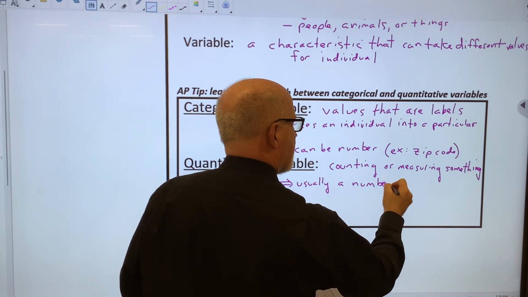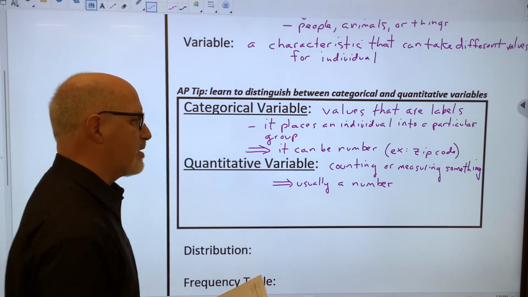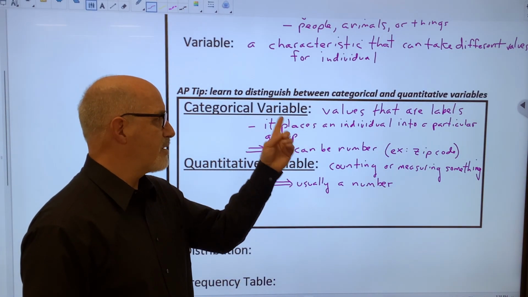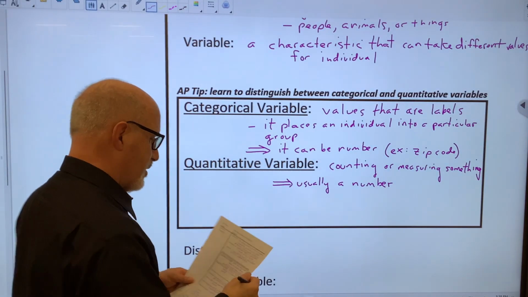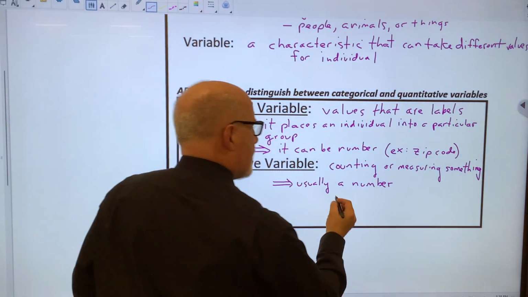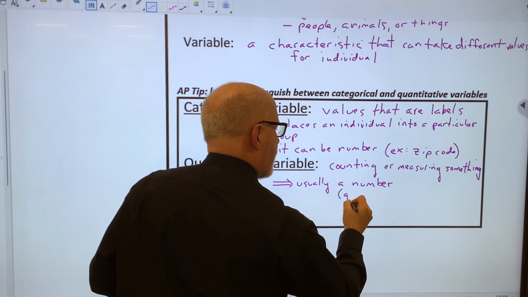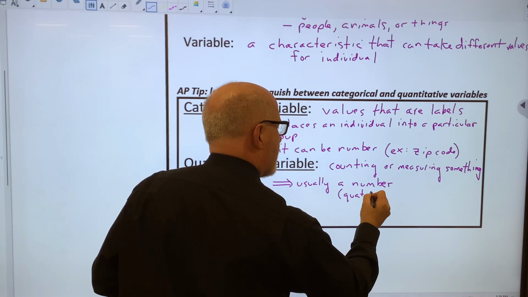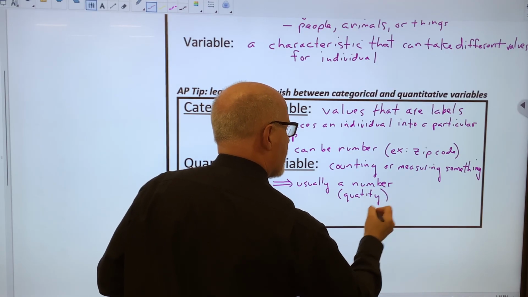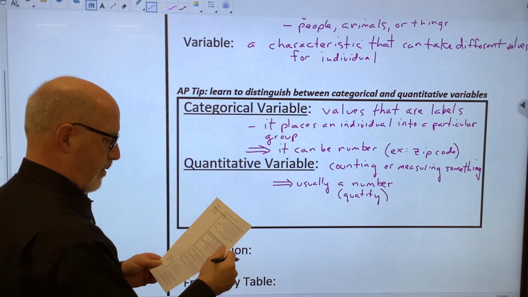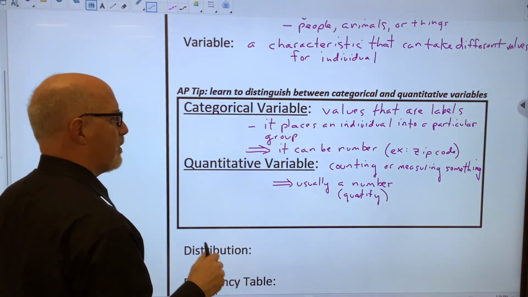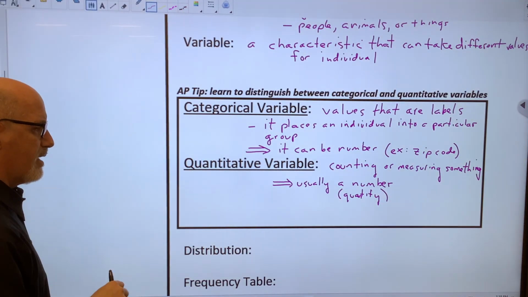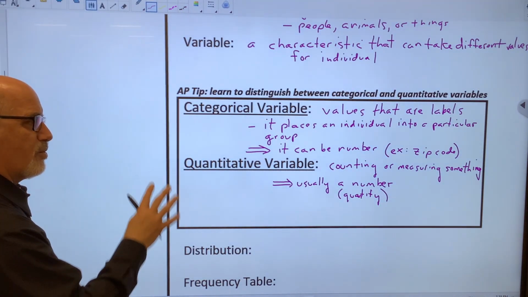Usually a number that's measured something or counted something, okay? But again, sometimes you can use that as a category as well. All right, so why don't you put down here though, we've already used it in the title, it would be a number that's a quantity. Okay, so a quantity would be our quantitative variable. All right, so that gets those two defined.